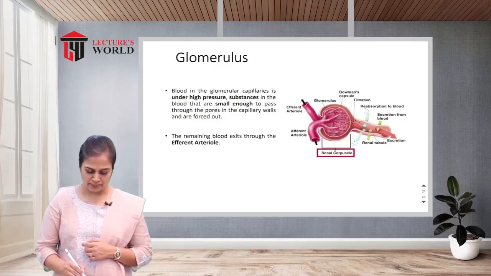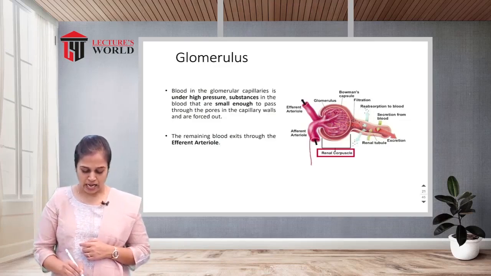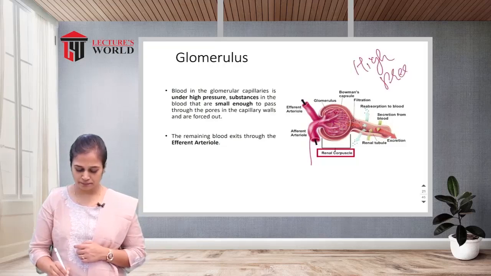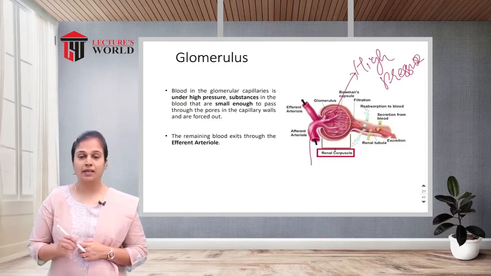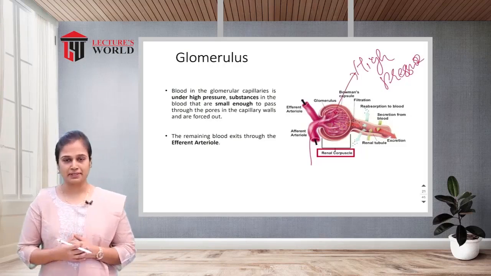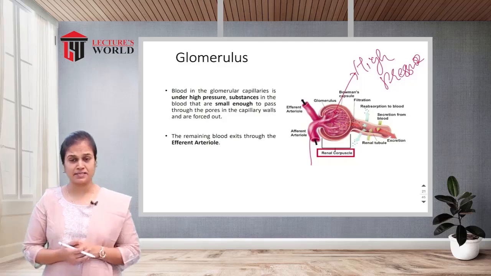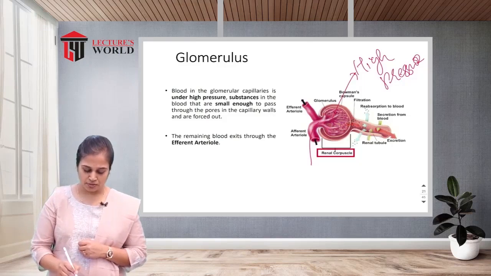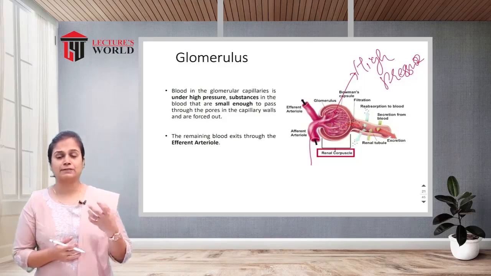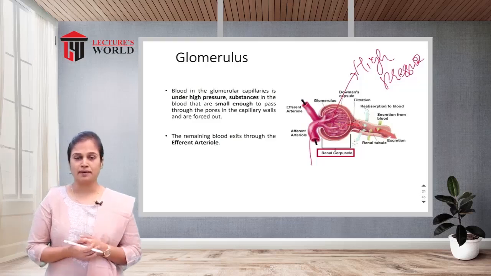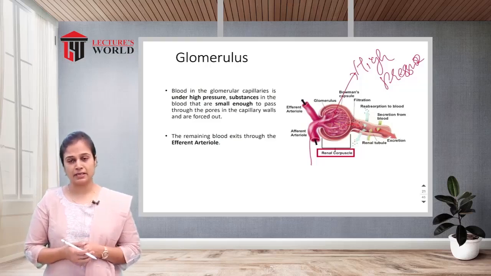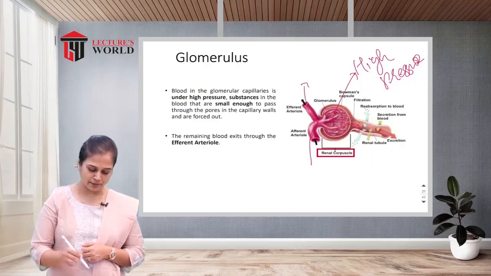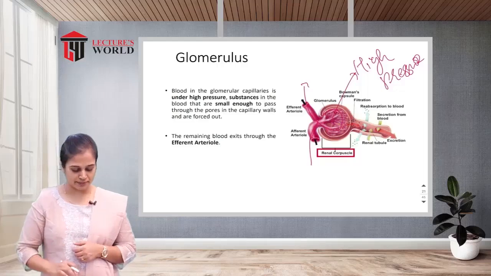You can see in the image, the blood enters from the afferent arterioles and there is high pressure in these capillaries, so small substances pass from here to here and are forced out. The remaining blood exits through the efferent arterioles.